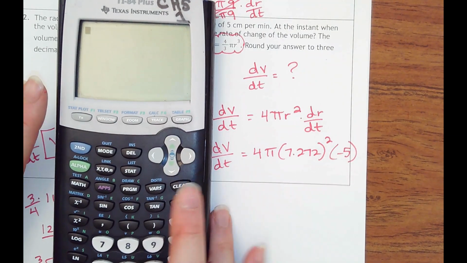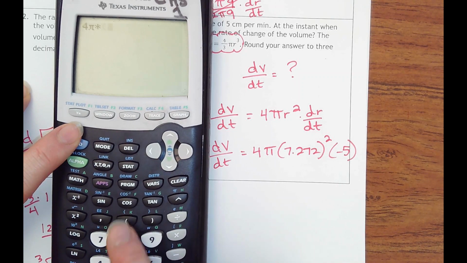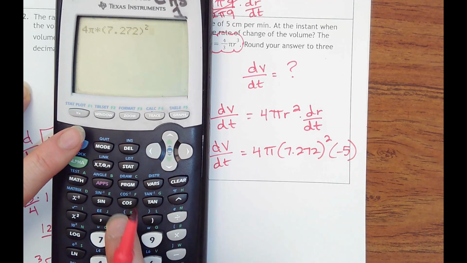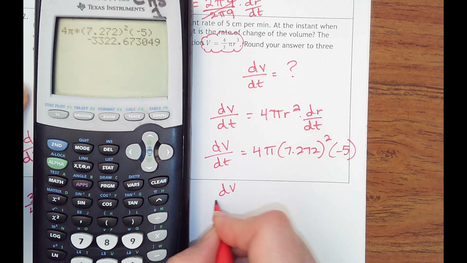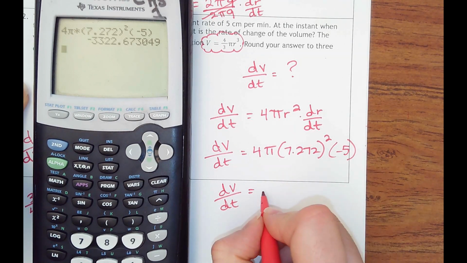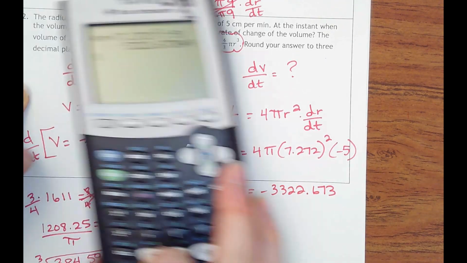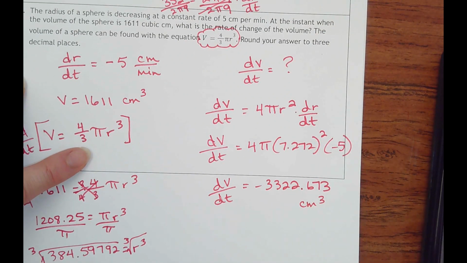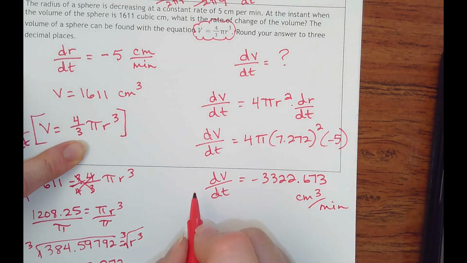Okay, so then we're going to take 4 pi times 7.272 squared. Probably should have kept that decimal in there, but I didn't think about it. Times -5. And so that's -3,322.673 cubic centimeters per minute. Is what the volume is losing.